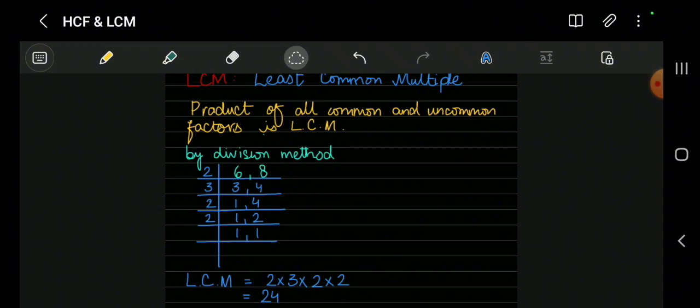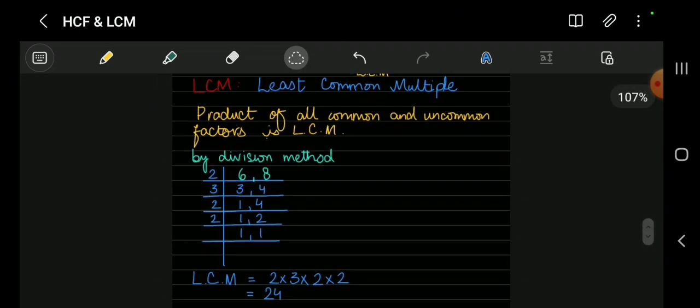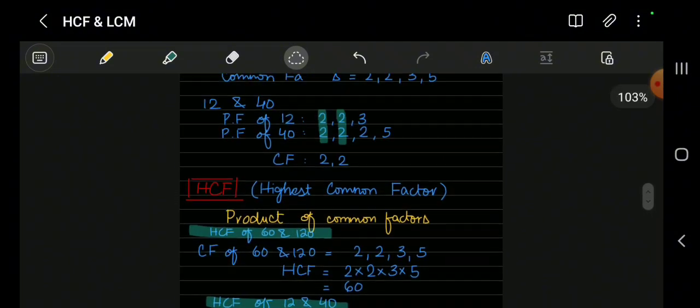If you want to find the HCF of 6 and 8, you will just multiply the common factors. If you want to find the LCM, you are going to multiply all the common and all the uncommon factors. So this is how it goes on. I hope you get it.